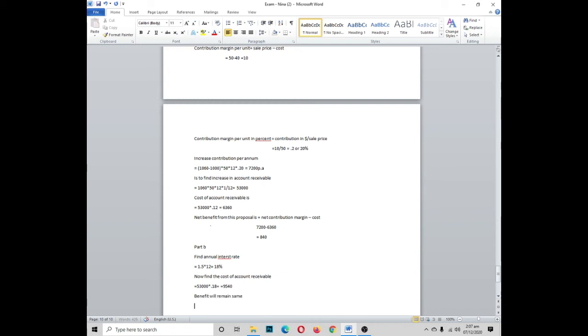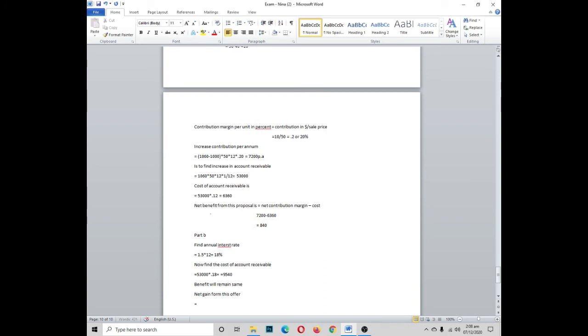So the benefit will remain the same. Net gain from this offer: the benefit is 7,200 less the cost of accounts receivable, 9,540.